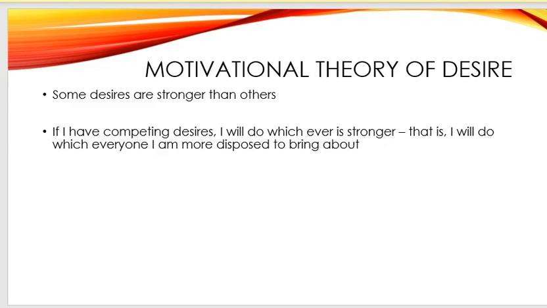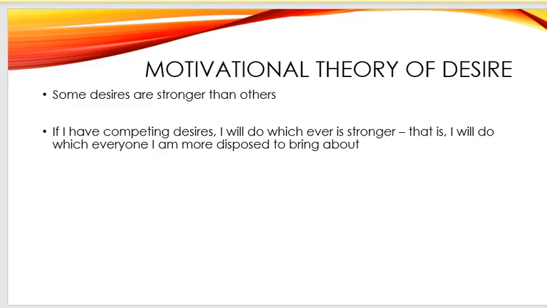So sometimes you have competing desires. I'll want something and I'll want something that is against it, right? So I want to stay thin, but I also want to eat ice cream at night. So you have stronger and weaker desires according to some constructions of this theory. The view says, well, what does it mean for something to be a stronger desire? For something to be a stronger desire means that you're more disposed to acting that way in general situations.